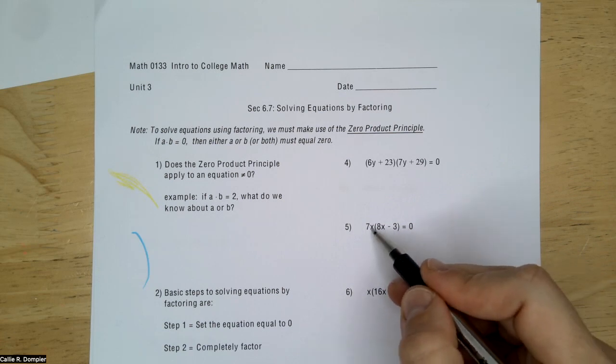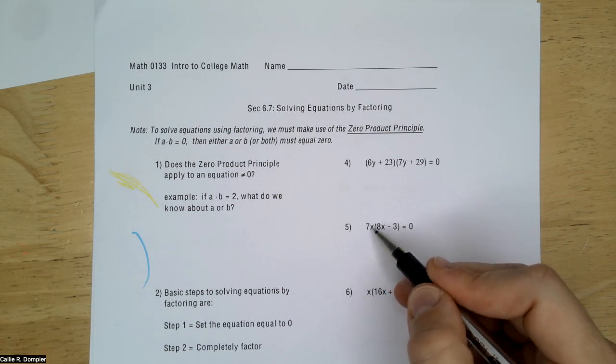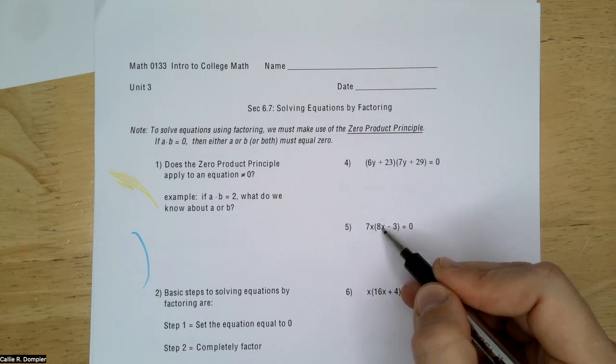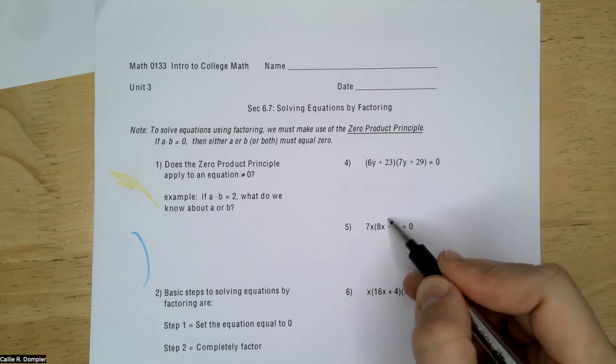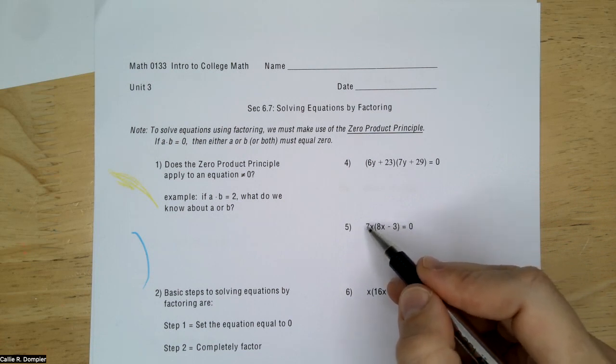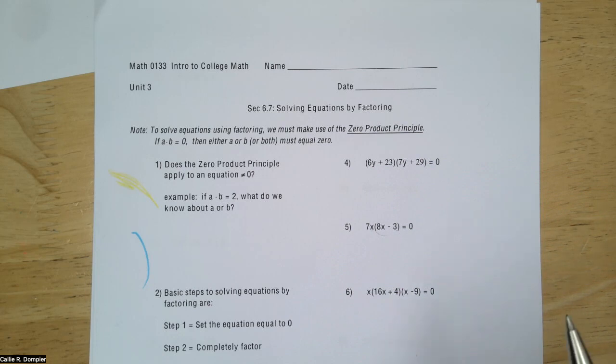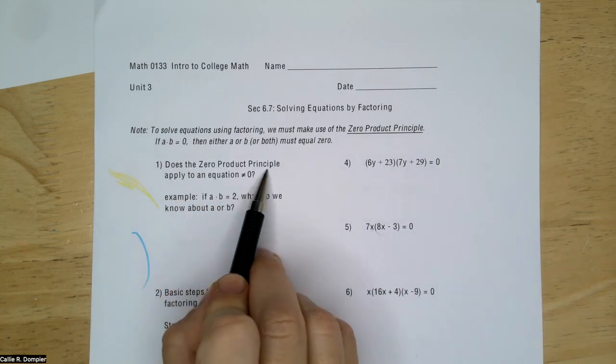Divide both sides by 7, x is 0. And then if we think about that, 7 times 0 is 0. 8 times 0 is 0. 0 minus 3 is -3, but we're still multiplying that -3 by 7. 7 times -3 is -21, but we're also still multiplying it by 0, and -21 times 0 is 0, okay? It's called the zero product principle.